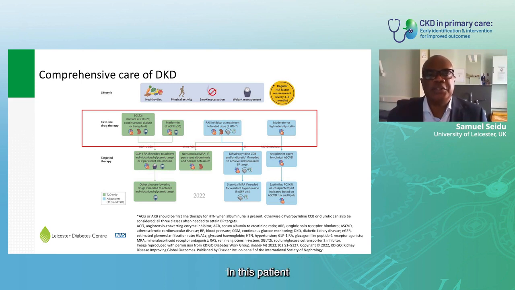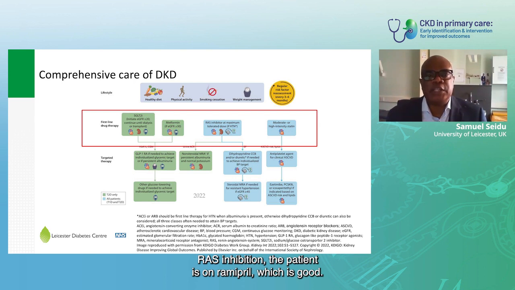So in this patient, you could consider an SGLT2 inhibitor, given that the eGFR is more than 20, you can continue on to dialysis and even transplant in some cases. Metformin, the eGFR is still above 30, so you can safely continue metformin. And the patient's metformin dose can actually be optimized because the A1C also needs reducing.